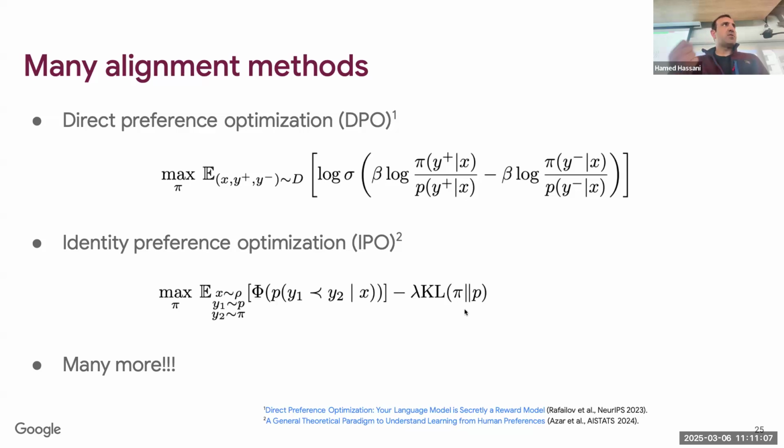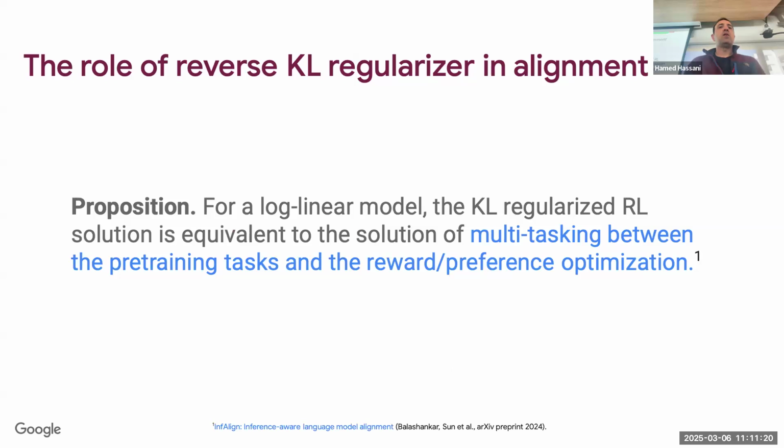And here we have this reverse KL regularizer. It's basically helping you distill your pre-trained model into the new model, picking up some new capabilities along the way. That's one interpretation. And exactly this KL-regularized reinforcement learning objective, if you have a very simple log-linear model, similar to the ternary example that we discussed, enables you to exactly multitask between your pre-training tasks.